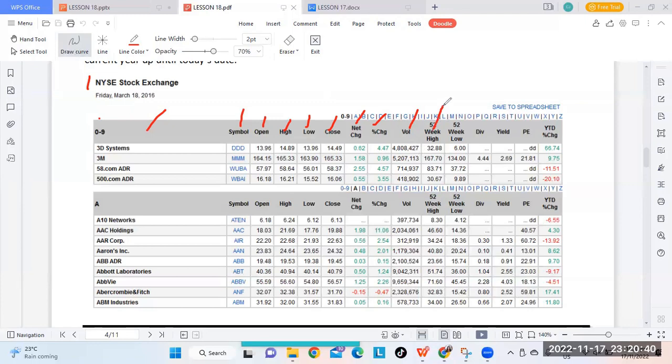Then column 10 and column 11, that's the 52-week high and low. That is the highest and lowest prices at which a stock has traded over the previous 52 weeks. And that's for 1 year.